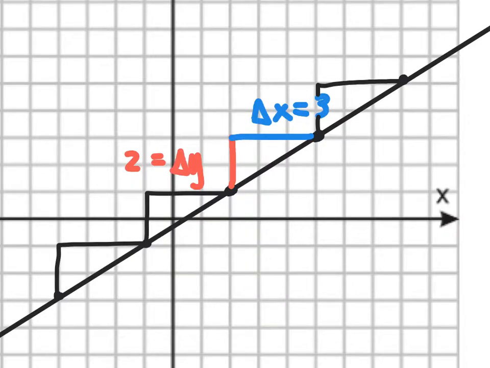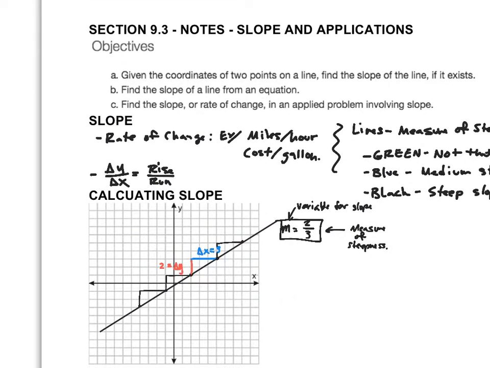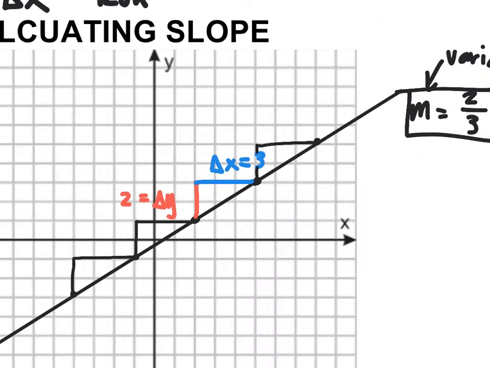This is called your constant rate of change. Now, I want to talk about using the points to calculate the slope.